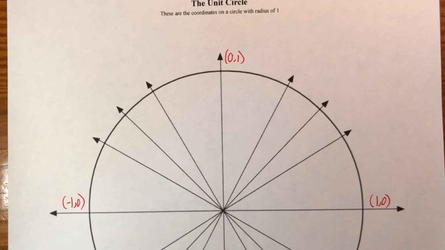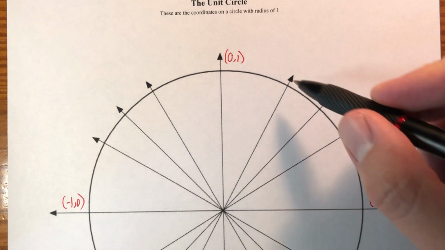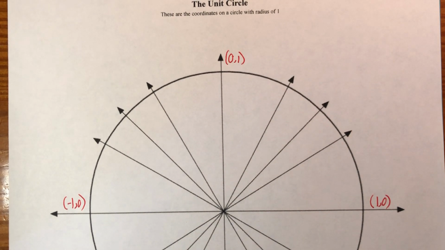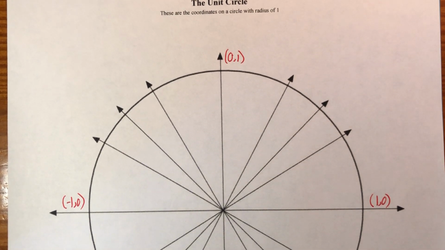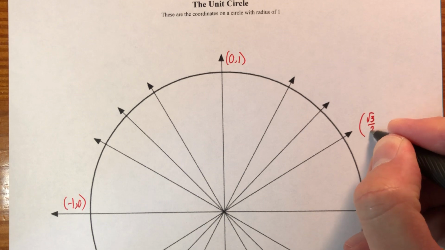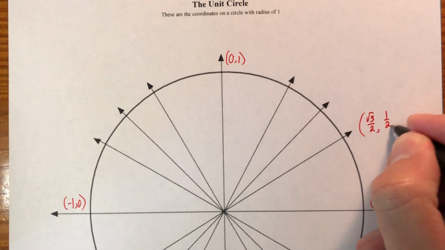Okay, now we need to get to a little bit of other tricky stuff where we have to figure out what these measurements are. This is going to look a little confusing. I'm going to go about it a little bit differently than most people do. I'm going to give you the coordinates, then explain where those coordinates come from. So this coordinate right here is (square root of 3 over 2, 1/2).